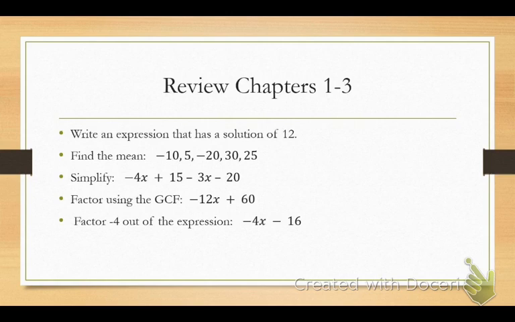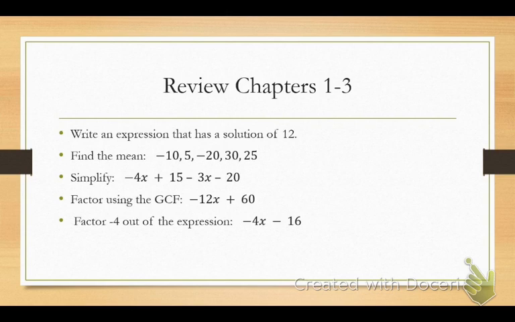So we need to write an expression that has a solution of 12. We've seen this creeping into our problems where I need an expression. Remember, an expression has a variable, an operation, and an answer. An expression that has a solution of 12.